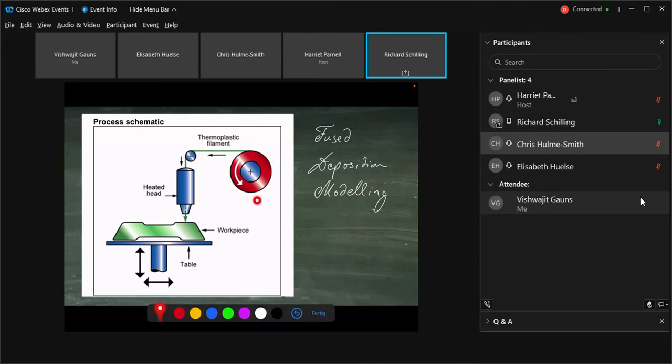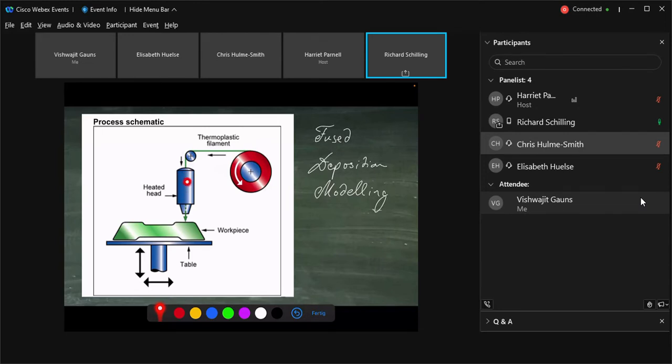a reel. On the reel you find a filament made of plastics, of one of those plastics which Christopher just mentioned. For instance, PLA. PLA is one of the most important polymers for makers. And then this PLA filament is pulled by some gear wheel construction into an extrusion and heat unit.